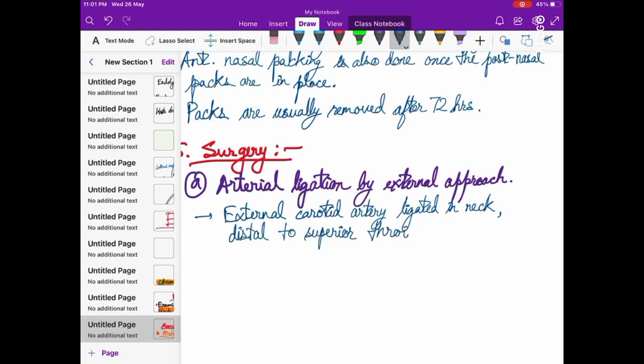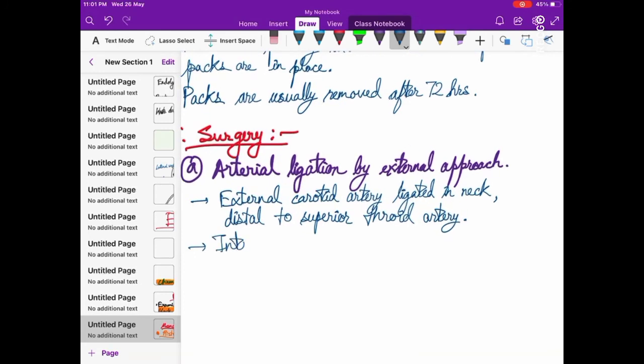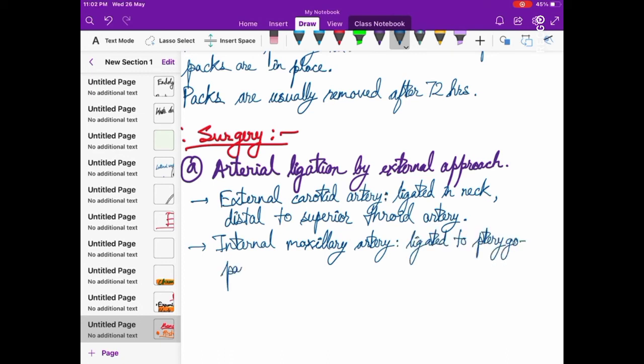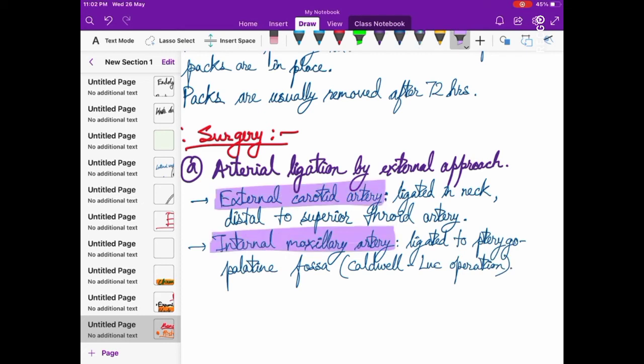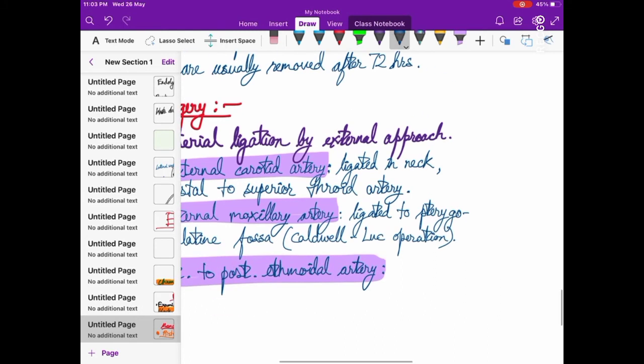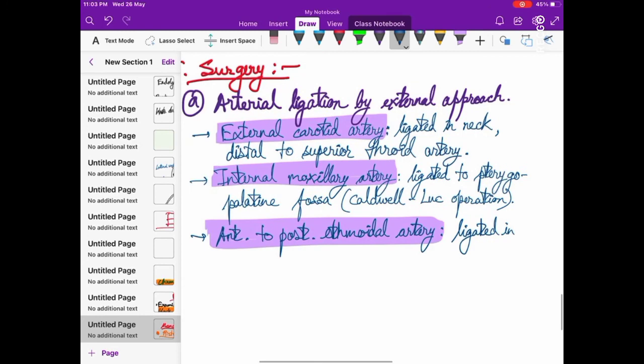Internal maxillary artery is ligated in the pterygopalatine fossa, Caldwell-Luc operation. Anterior and posterior ethmoidal arteries are ligated in the orbit, Lynch-Howarth incision.